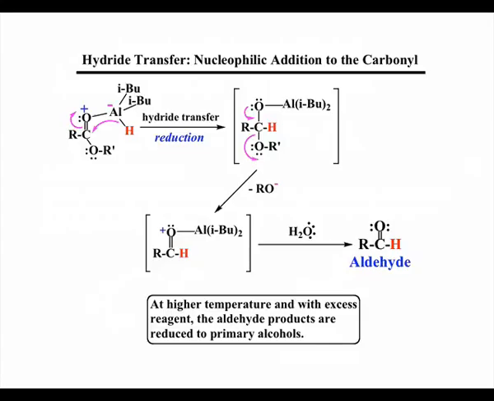This is fairly stable at that point because you don't have any more reducing agent around, and then when you add water, you cleave the oxygen-aluminum bond and you get the aldehyde, okay? So again, a very finicky reaction, but on paper it does work. Actually it does work, but it requires a lot of finesse.